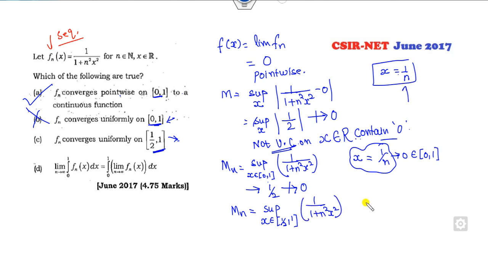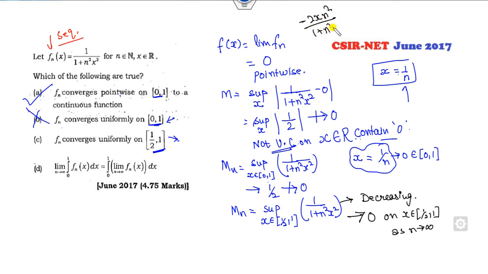Now we all know this is a monotonically decreasing sequence. Once it is monotonically decreasing, it converges to 0 on the interval [1/2, 1] as n approaches infinity. Why is it decreasing? If you take the derivative, it will be less than 0 for all x.